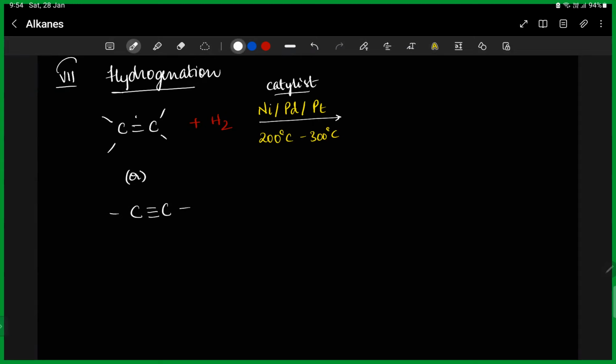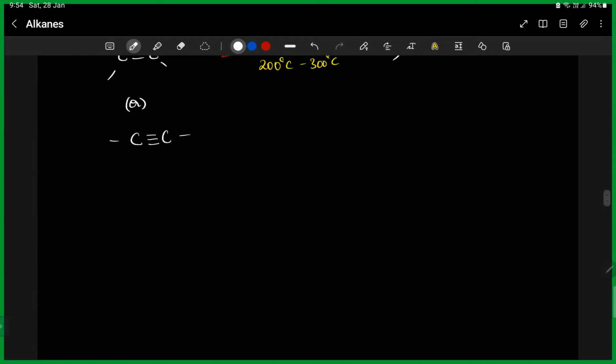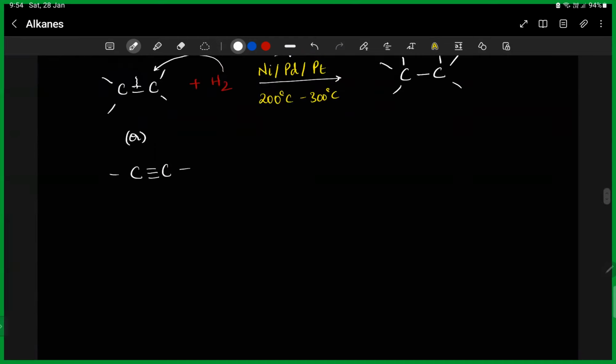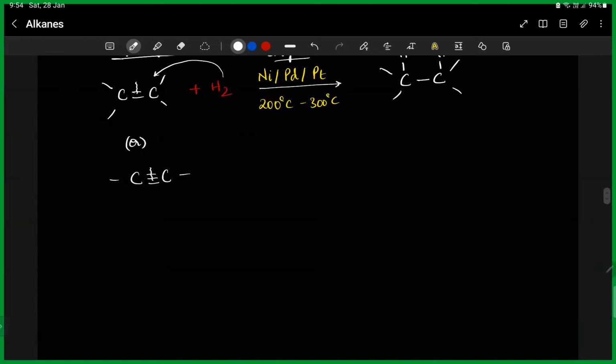The pi bond would break and then this hydrogen will go and attack here. So what would form? Just a hydrogen added. This is called catalytic hydrogenation. Now, in case of alkyne, there are two pi bonds. In order to break two pi bonds, you'll need 2H2, 2 moles of H2.